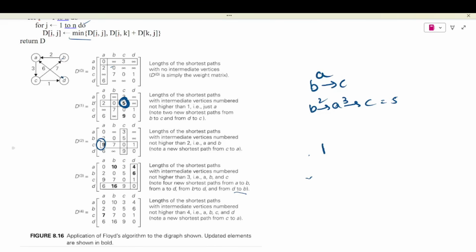Yeah, you can go through A, that is 6, and you can come to C and you can go here again 6, 3 and 7, it becomes 16. That is the path. Okay, they have said D to A to C, and again C to B you will be going. That is the way, you can see the obtained path. Okay, that is through C only, right? So, through A you will go, then through C, and then you will go to B. That is how you have obtained it.